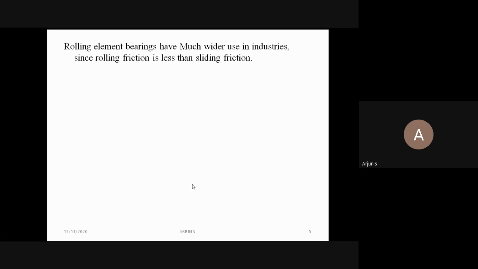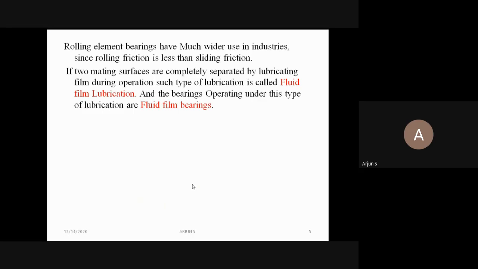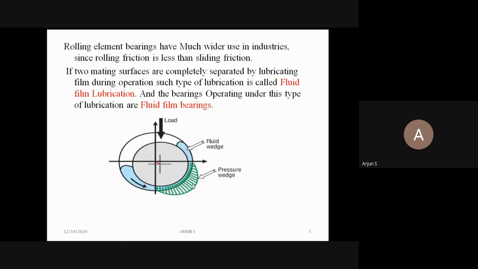If the two mating surfaces are completely separated by a lubricant film, then such lubrication is called fluid film lubrication, and the bearings which operate under fluid film lubrication are called fluid film bearings. Metal to metal contact is completely avoided by the system of lubrication.